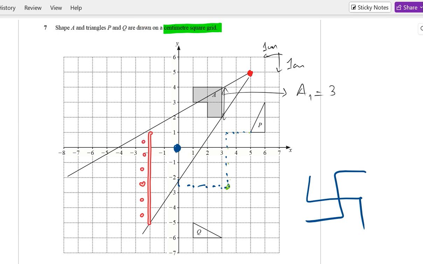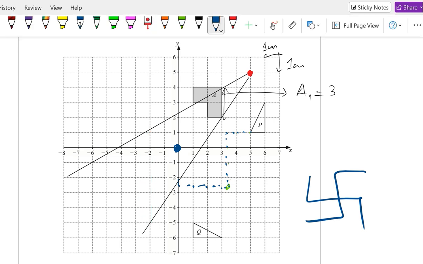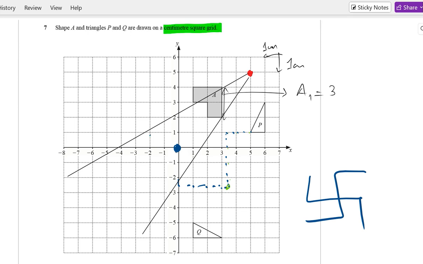This has to be it. Let's draw it over here. 1, 2, 3, 4, 5, 6. Yes. So you can draw the shape like this. Similarly, 6 in this direction, 3, 4, 5, 6.